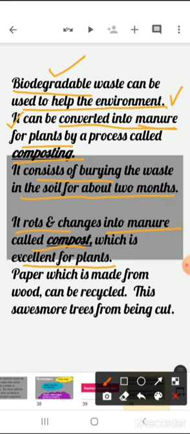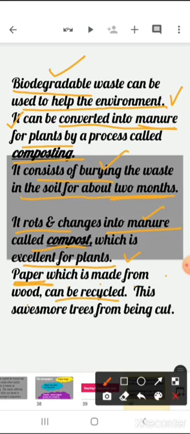It can be converted into manure for plants by composting, by burying waste in the soil for about 2 months, where it rots and changes into manure, excellent for plants.